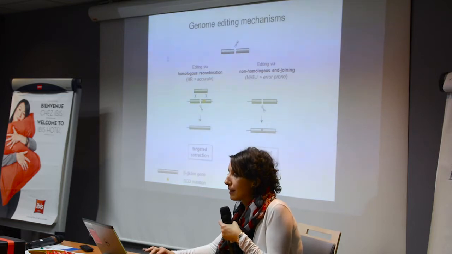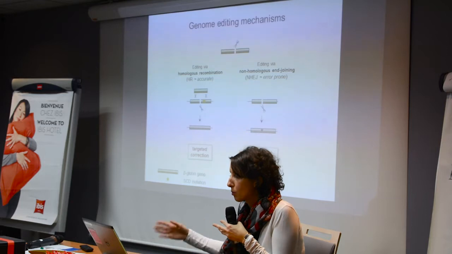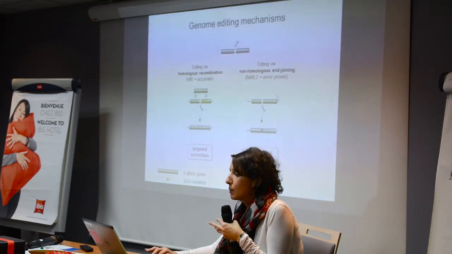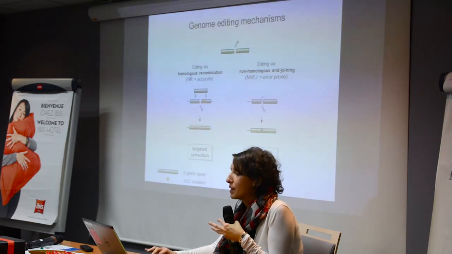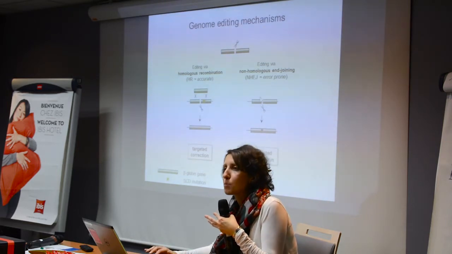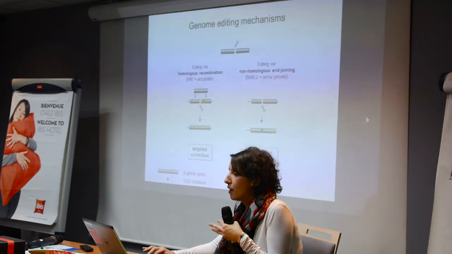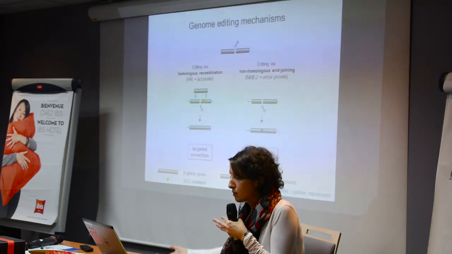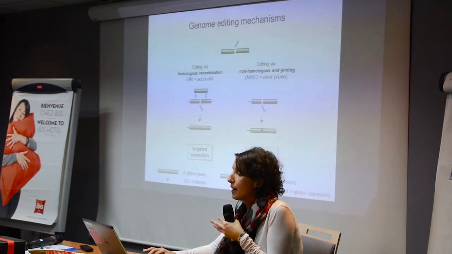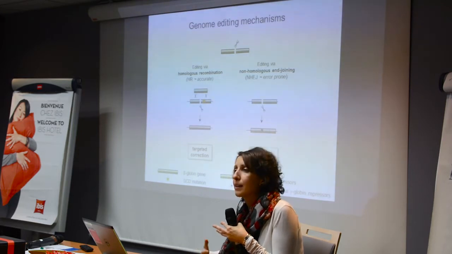Then this cut can also be repaired through another mechanism which is called non-homologous end joining. And this is a mechanism that is not very precise. So this is a mechanism that we exploit in order to inactivate genes. For example, in this case we are targeting a repressor of the fetal gamma globin, where this gene is cut by our CRISPR-Cas9 or zinc finger, and then it's repaired.